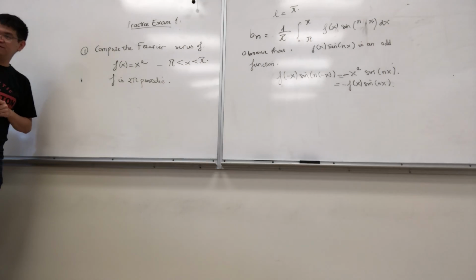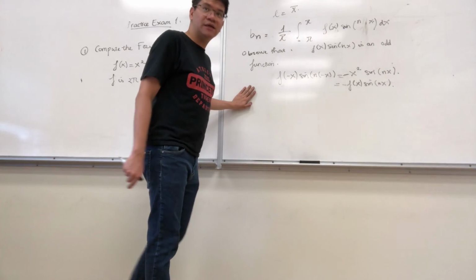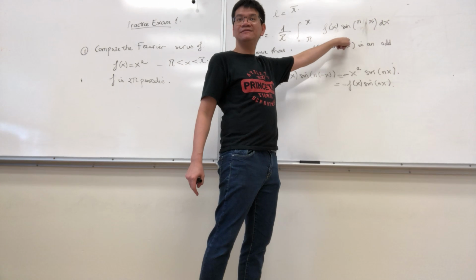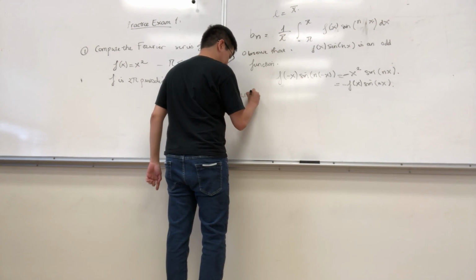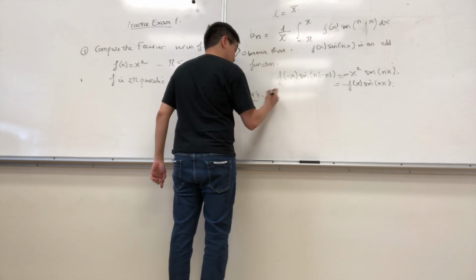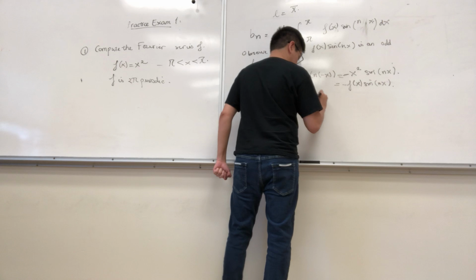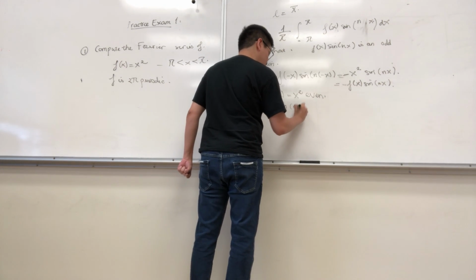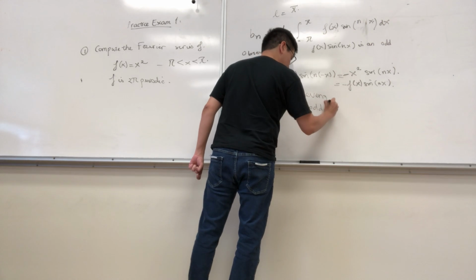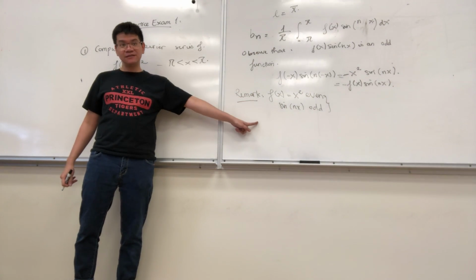The reason for this is because f(x) = x squared is an even function, right? Remember? And sin(nx) is an odd function.